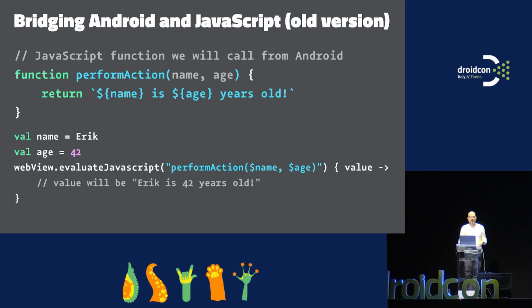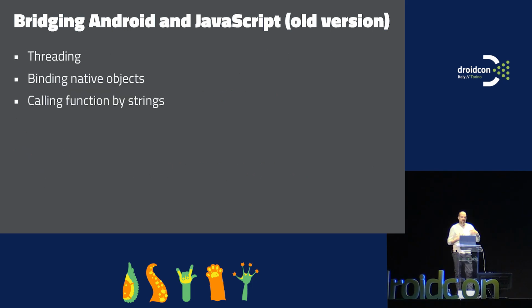The evaluateJavascript call takes a second parameter, which is a callback. So if the function or the expression you invoke here returns a value, the callback will be called and contain that value. Again, there are threading issues here, so you need to consider that. The threading is a problem.